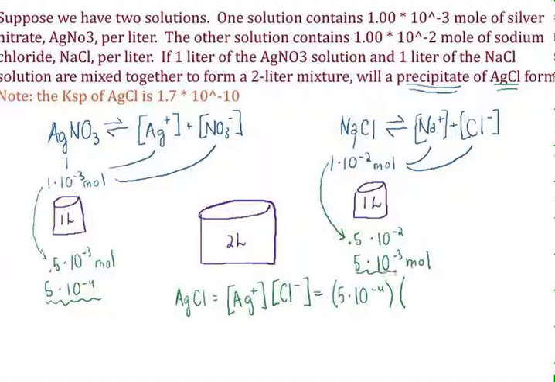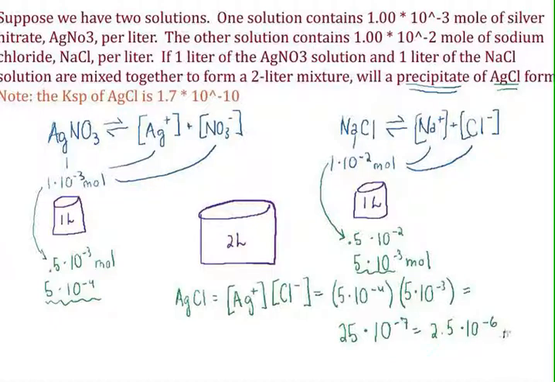Cl is 5 times 10 to the negative 3. When those are multiplied together, 5 times 5 gives me 25. When I multiply together exponents, remember, according to MADSBIM, I add them. So that's 10 to the negative 4 plus negative 3, so negative 7. And again, I can move the decimal place back over 1: 2.5 times 10 to the negative 6 moles.